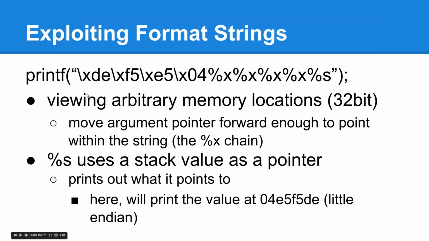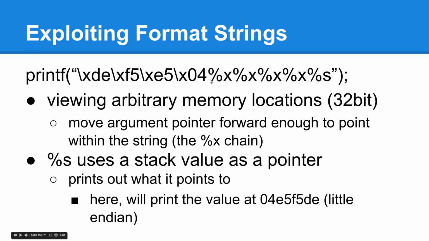Now, if the user input buffer here is stored on the stack, it's going to lead to an interesting case of exploitation that allows the attacker to view arbitrary memory locations. First, the string is affixed with a memory location that the attacker would like to view.